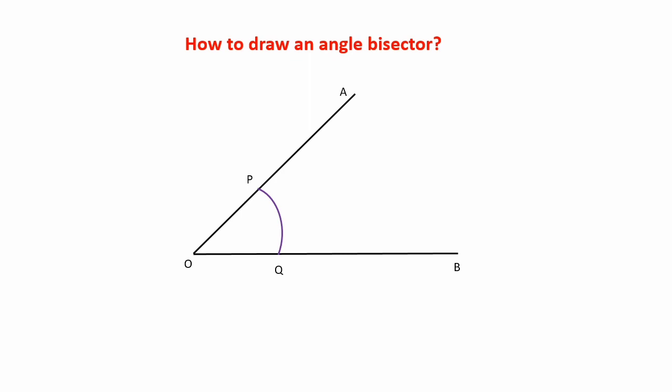Fix the compass at Q and draw an arc. Use the same radius, fix the compass at P and cut the previous arc, and label the point of intersection of the two arcs as R. Join OR. Now OR is the angle bisector of angle AOB.